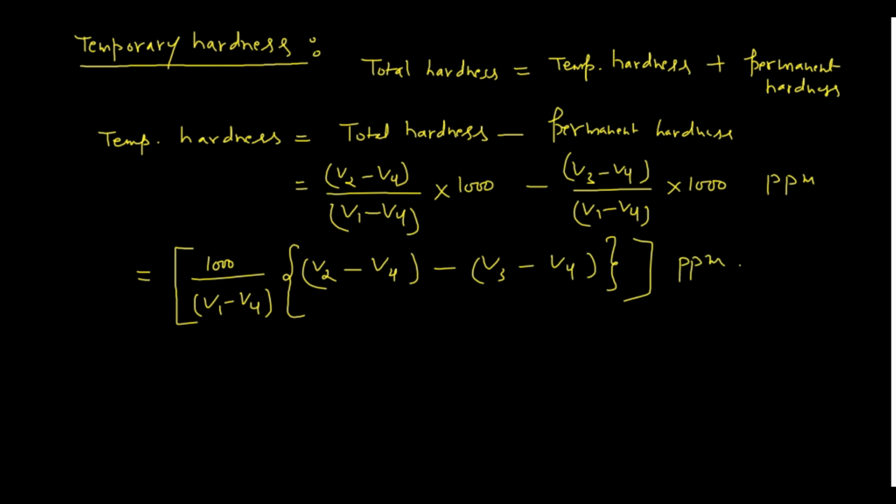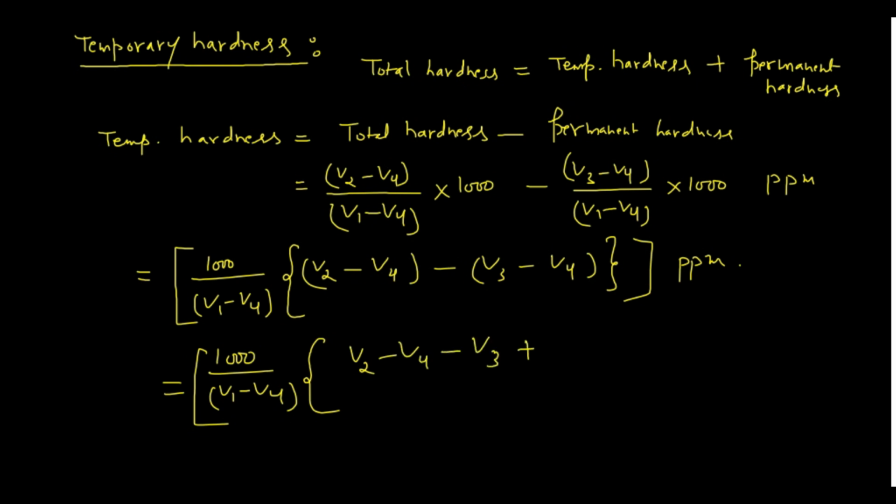So your temporary hardness would be 1000 divided by V1 minus V4, times V2 minus V4 minus V3 plus V4. The sign changes when we open the bracket, this much of ppm. Then your V4 gets cancelled and your final expression is like that.